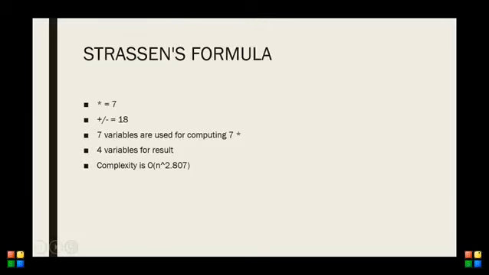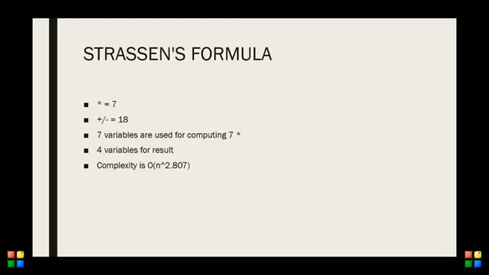Strassen's formula has 7 multiplications and 18 additions or subtractions, as opposed to the standard formula which has 8 multiplications. The cost or overhead which arises due to multiplications is more significant than that of additions and subtractions.